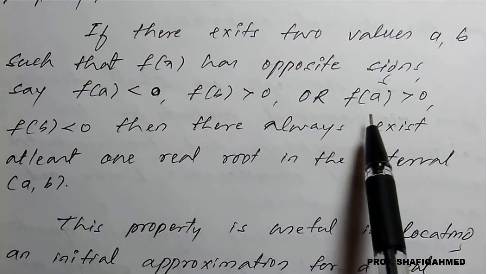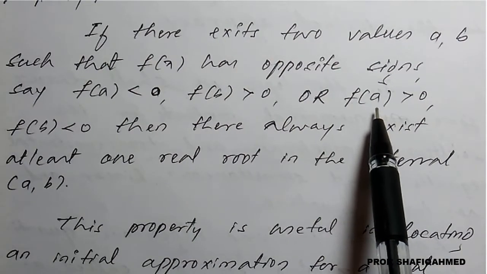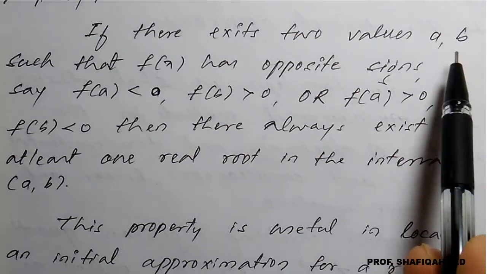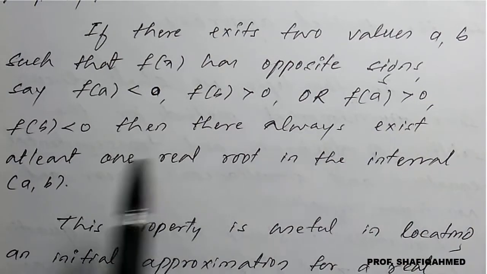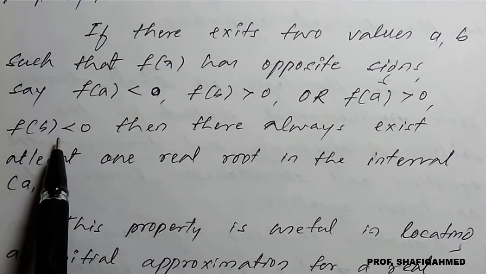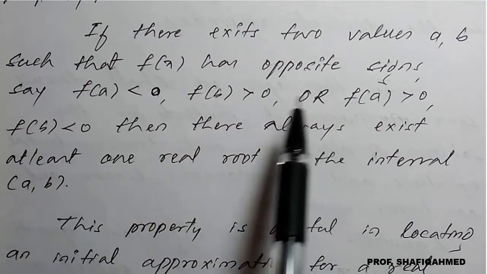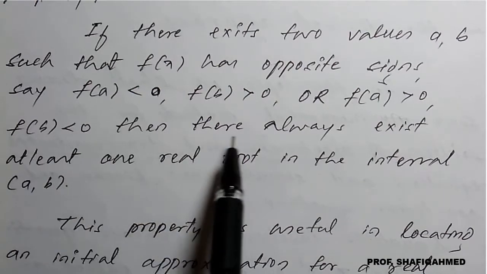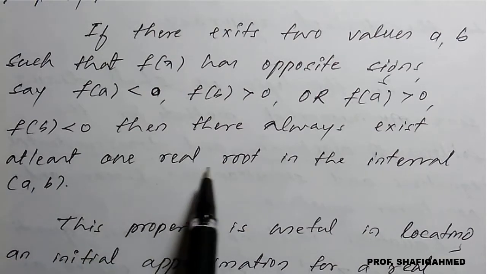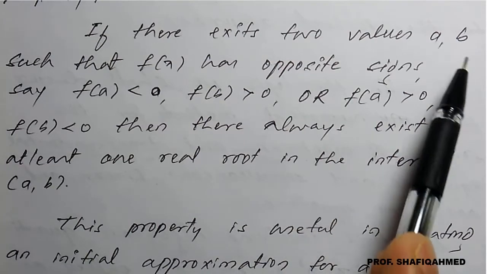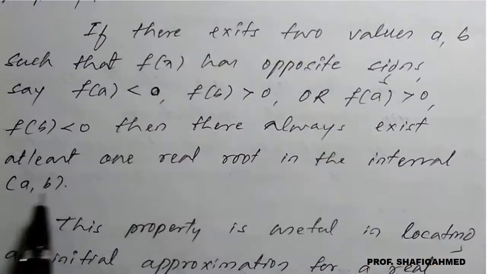Or the reverse may be possible: f of a positive and f of b negative. So there are two possibilities. Then there always exists at least one real root in the interval ab.